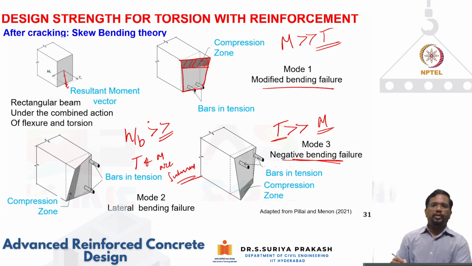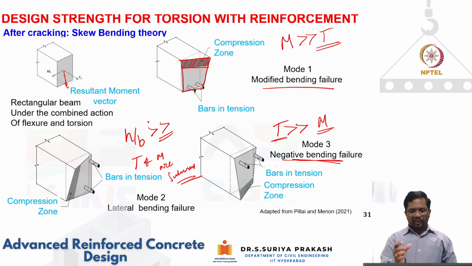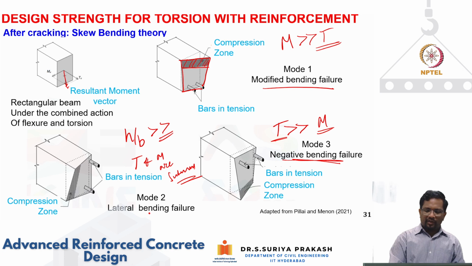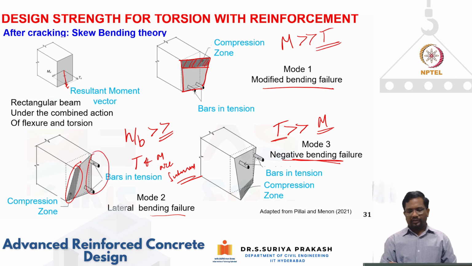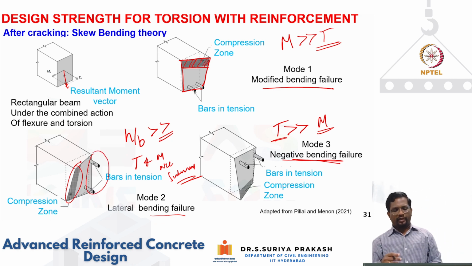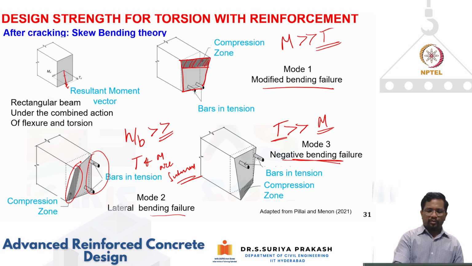Also, when you have a member which is deeper with less breadth, you end up with a lateral bending scenario where your compression zone will be on the side and similarly the tension zone will be on the side. So this is similar to a lateral bending kind of failure. This will happen when your members have very large depth to width ratios. When the members are slender and prone to lateral bending, both torsion and bending would be significant.